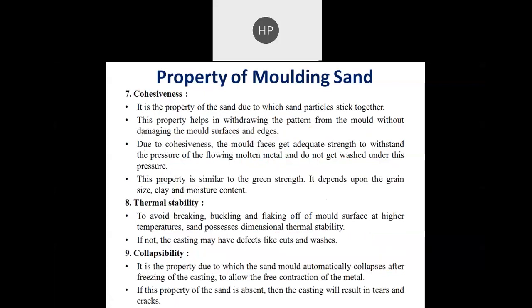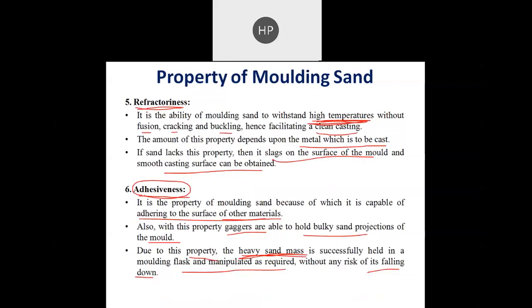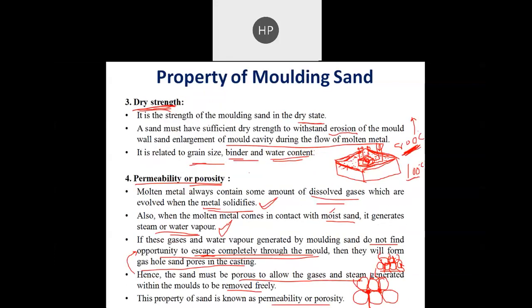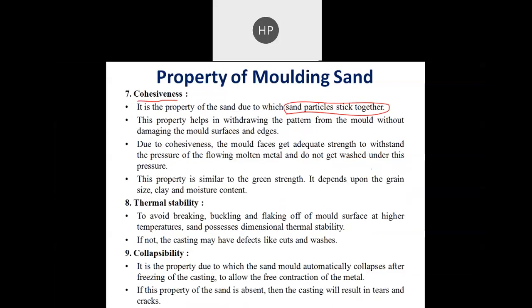Then the next property is cohesiveness. It is the property of the sand due to which the sand particles stick together with each other. In adhesiveness, they are sticking with the mold box or any other material, but the sand particles must also stick with each other, and that property is known as cohesiveness. That property helps in withdrawing the pattern from the mold without damaging the mold surface and edges.